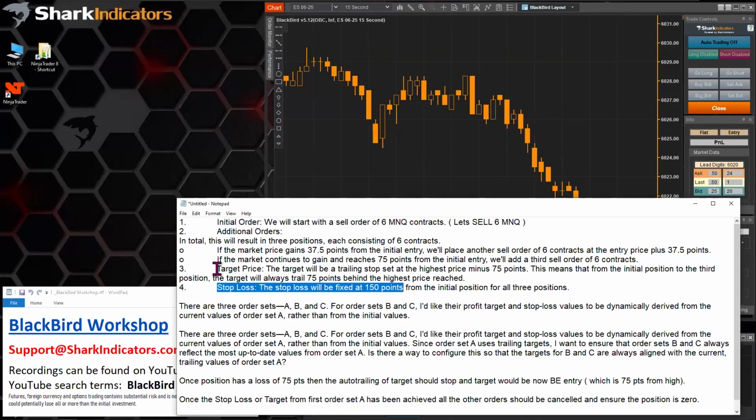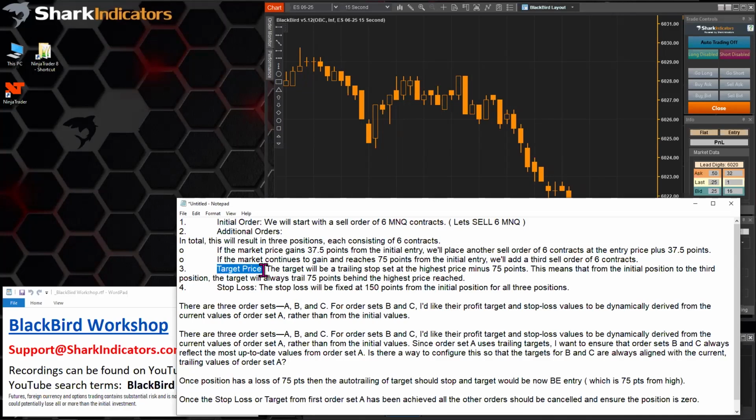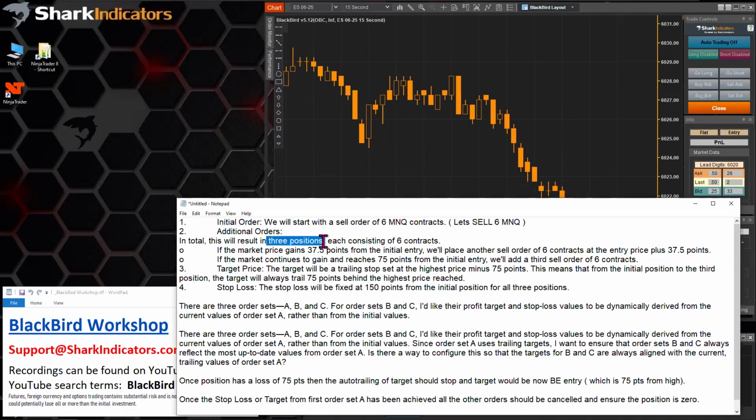The only component that has some complexity to it is the profit target, and making sure that all the profit targets from all the different entry points line up. So we might have three positions at any given time, order set A, order set B, and C, depending on how the market moves.